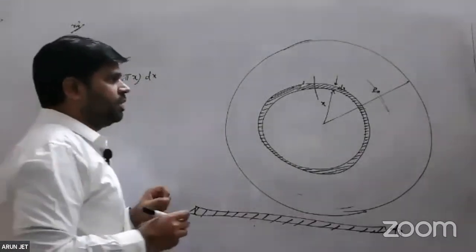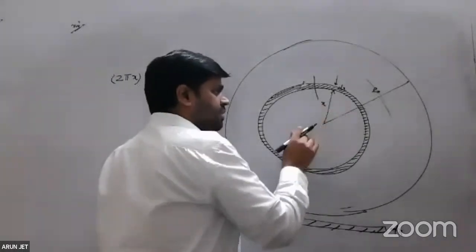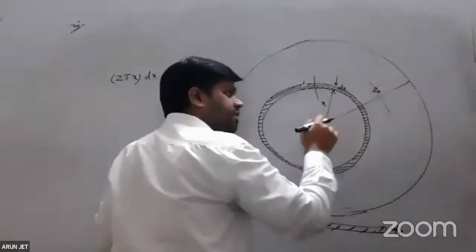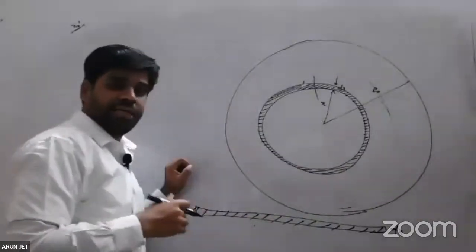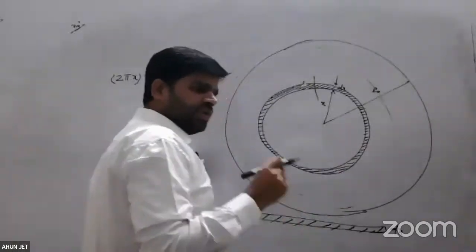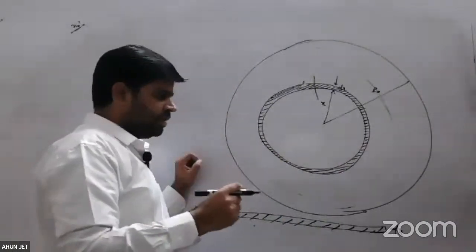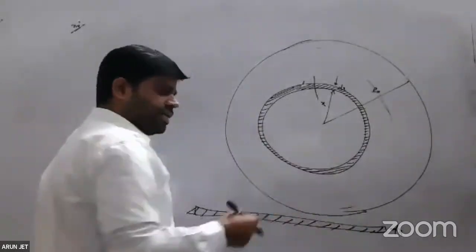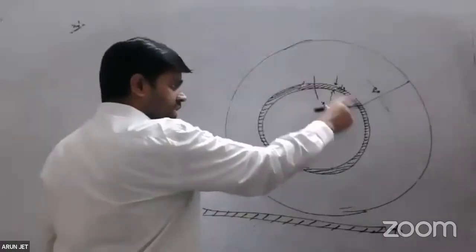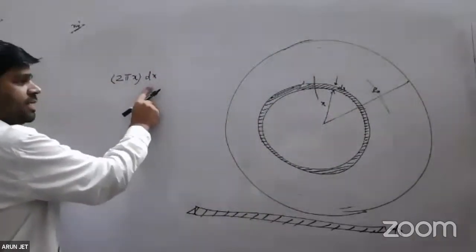Right. Now what I do, I have to sum up all these areas from 0 to R. There are infinite number of infinitesimal rings. This is called an infinitesimal ring because it's so thin that opening it up, I can consider it to be a rectangle. So the area of the shaded region is 2 pi x into dx.